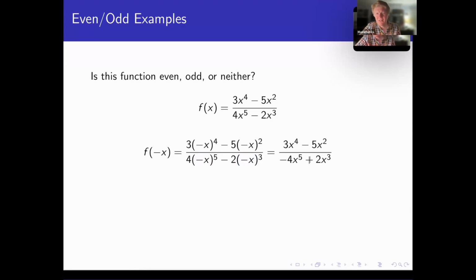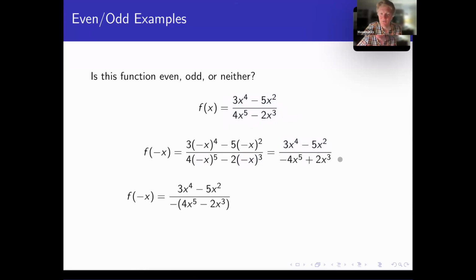The numerators are identical: 3x to the 4th minus 5x squared, exactly what we started with. But the denominators are off by a factor of negative 1. Positive 4x to the 5th becomes negative 4x to the 5th, and minus 2x cubed becomes positive 2x cubed.